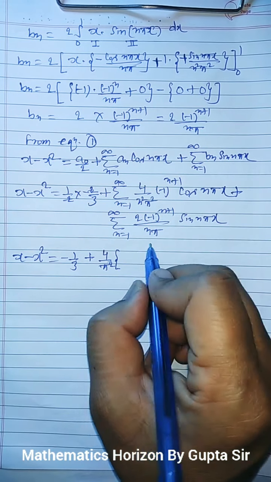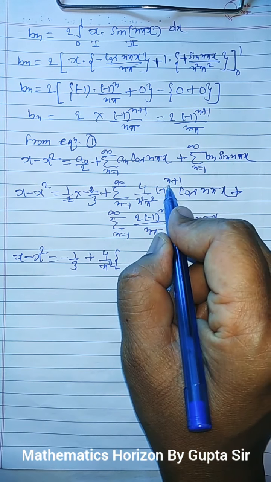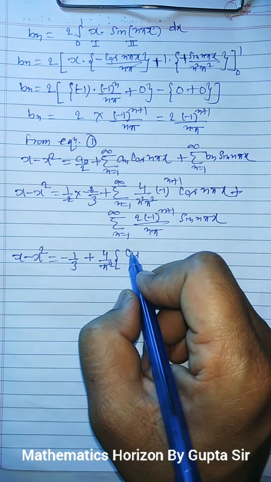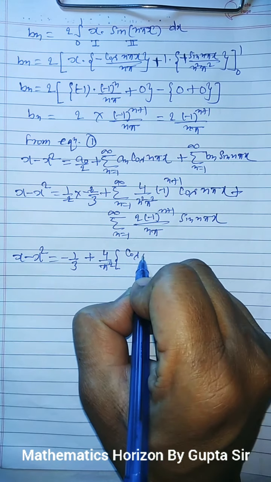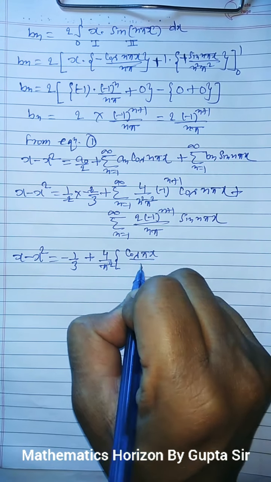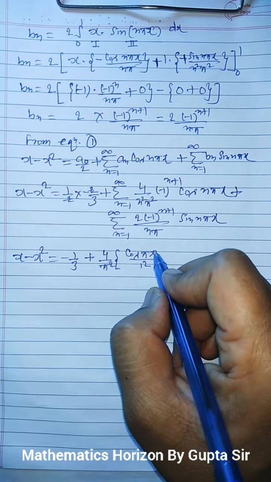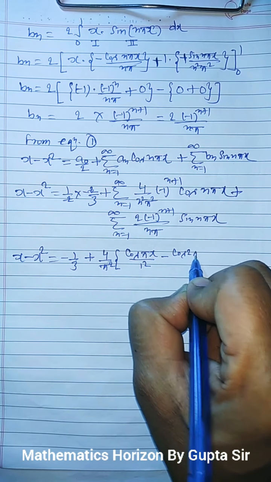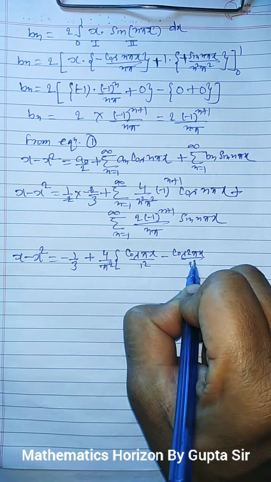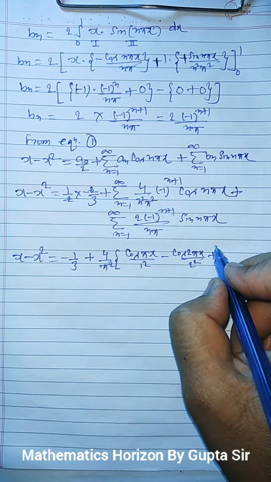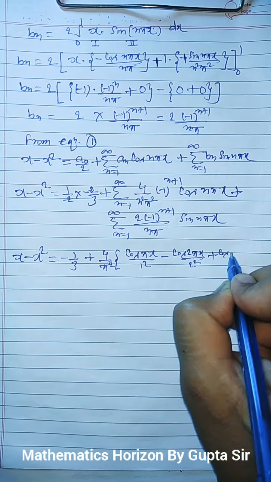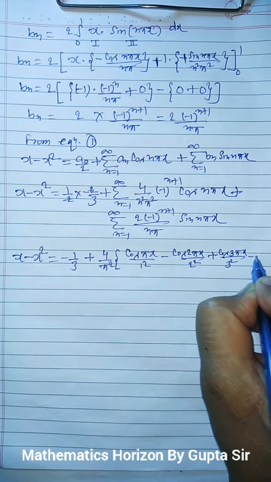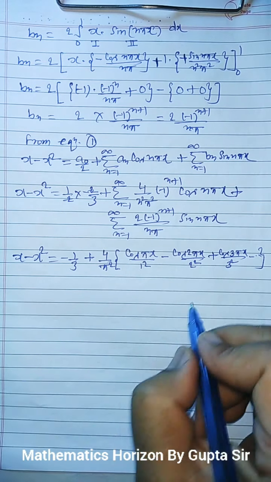When n equal to 1, it is minus 1 to the power 2 means plus 1, that is cos pi x upon 1 square. When n equal to 2, here we have negative term, cos 2 pi x upon 2 square. When n equal to 3, here we have cos 3 pi x upon 3 square, and so on.